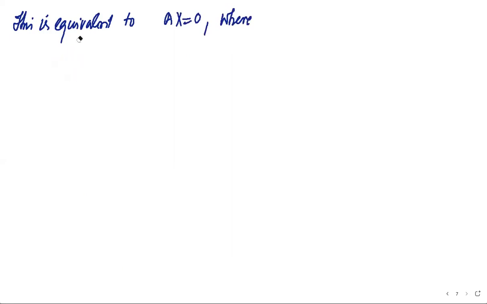What is this matrix A? 1, 2, 2; 2, 1, 2; 1, 2, 1, times alpha, beta, gamma.